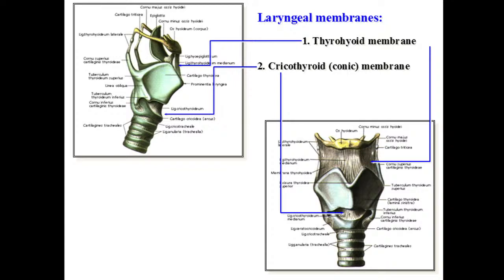On this slide, you can see the most important laryngeal membranes. Also the cricothyroid or conic membrane, as you saw on the previous slide. And here is the thyrohyoid membrane, which fixes the hyoid bone to the thyroid cartilage.